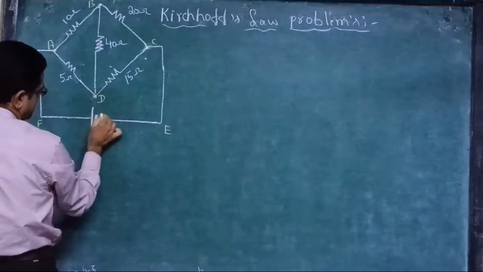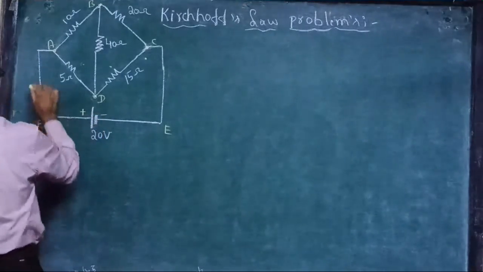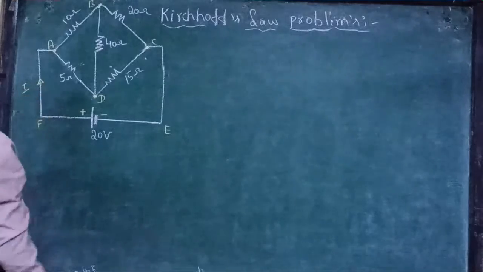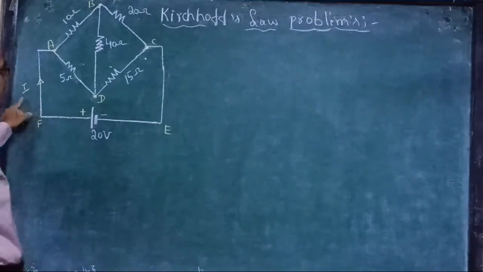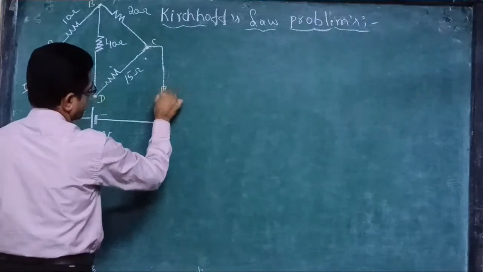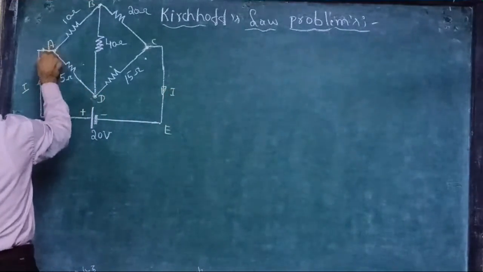Current always flows from negative to positive. So this current we call I current. That much current is also going outside.